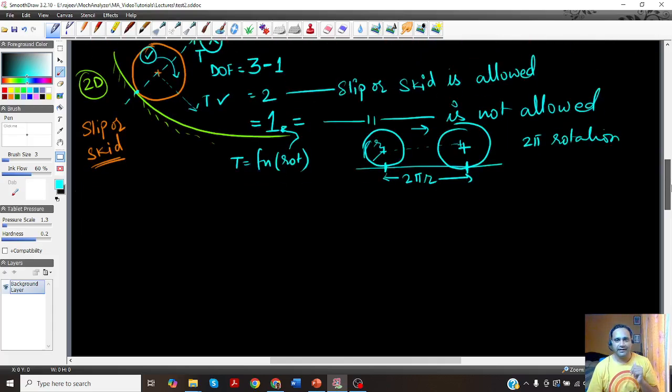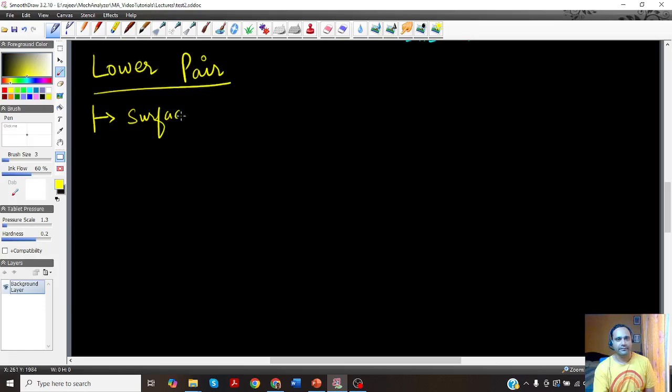Now very quickly I'll explain, in a typical kinematics course we come across terms called lower pair and higher pair. What is a lower pair? A lower pair will have a surface contact. For example, the prismatic joint, you remember there was a planar surface contact, plane surfaces were in contact.